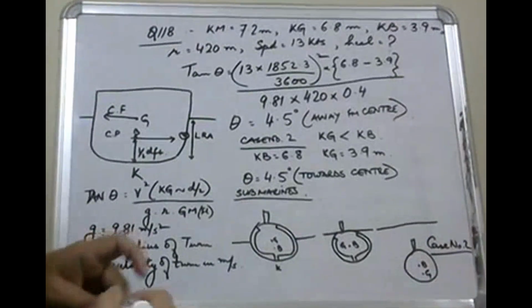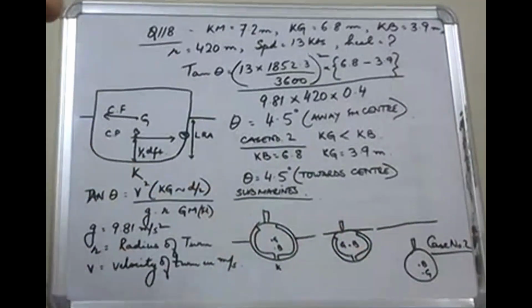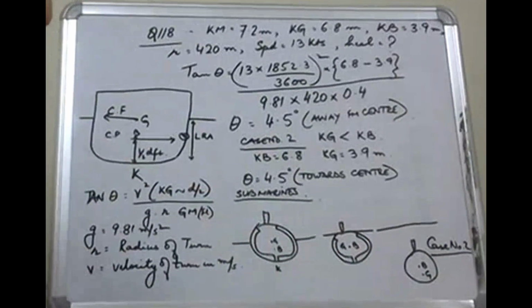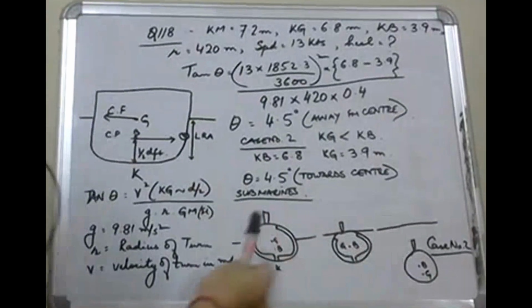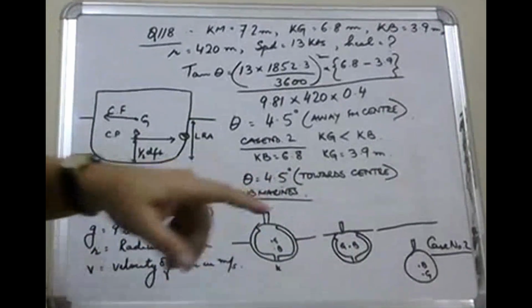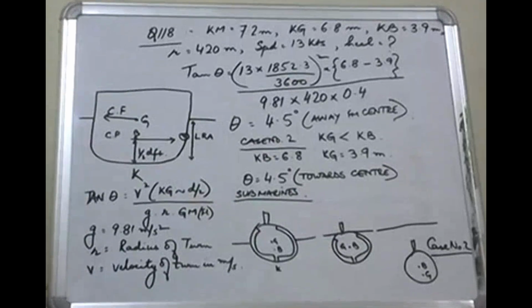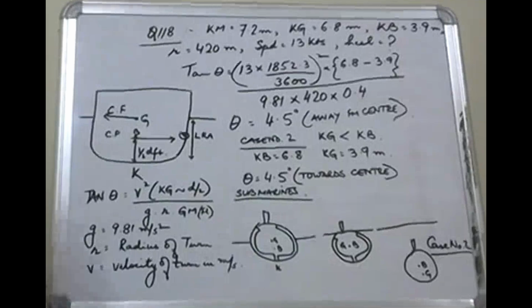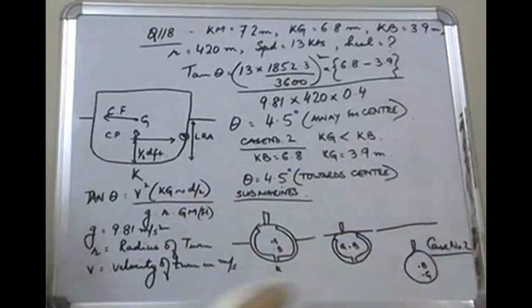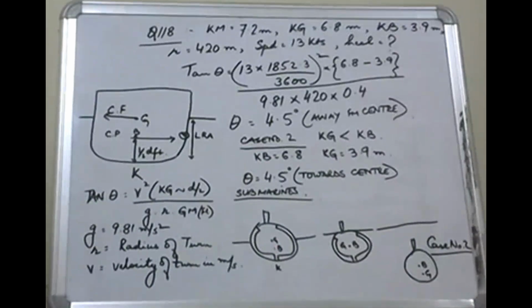So a submarine in a submerged position, when she gives hard starboard, she will heel to the starboard. But a submarine in a non-submerged position, when on surface, she'll behave like a merchant ship. Do you get it? Are you with me? Yes, sir. Understood. Yes, sir.